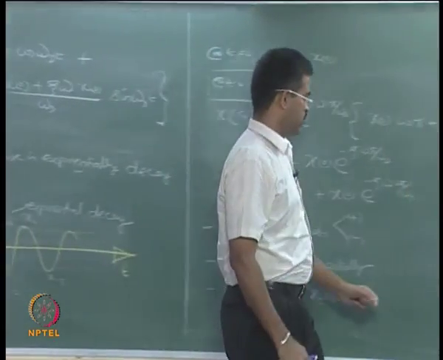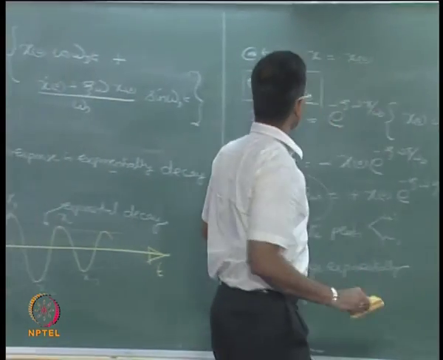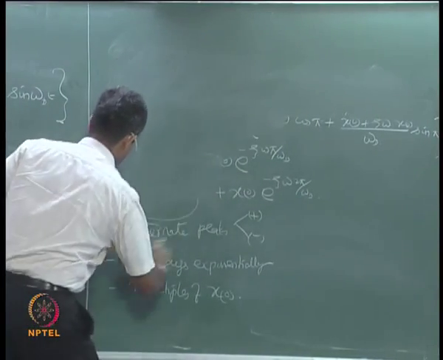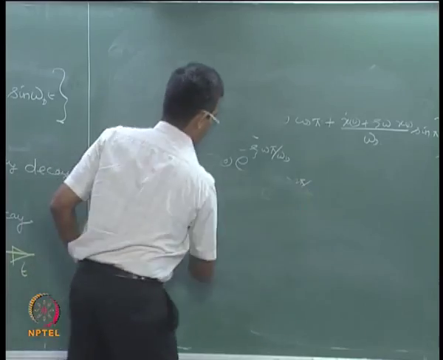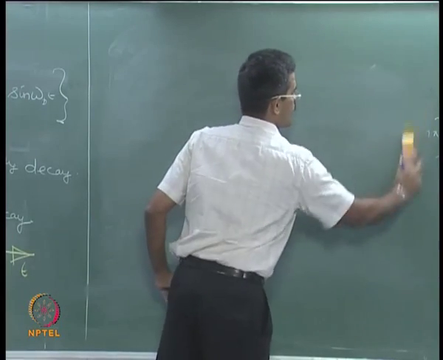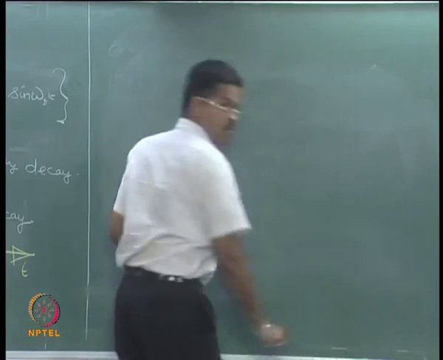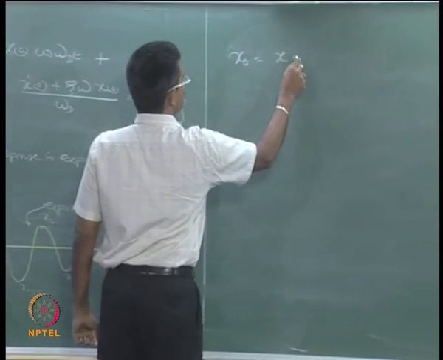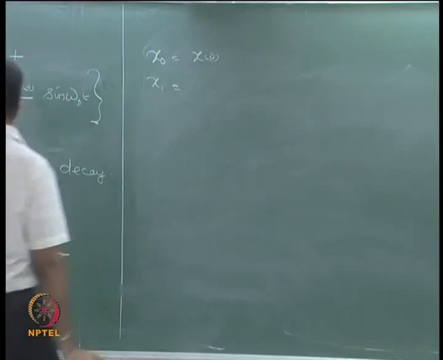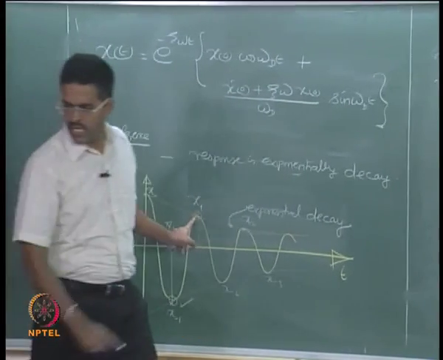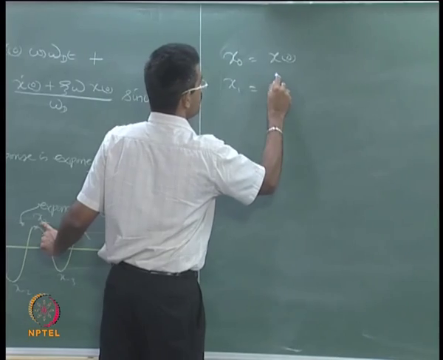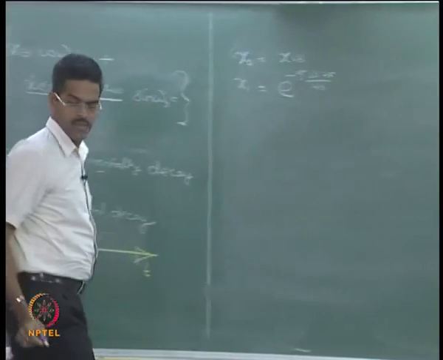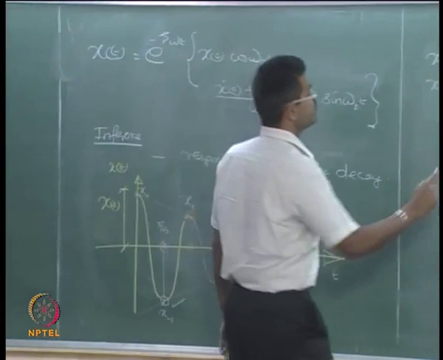I will remove this, it is easy for us to understand. Can I remove this? Take away this, it is easy. So I will say x0 is x0, x1 is e to the power of minus zeta omega 2 pi by omega d of x0.